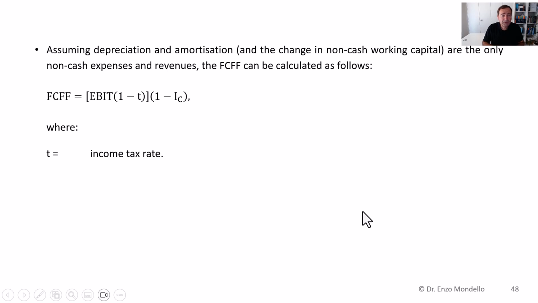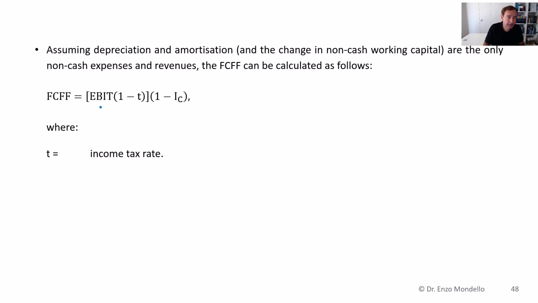Then if you assume that depreciation and amortization, as well as the change in non-cash working capital, are the only non-cash expenses and non-cash revenues, we can calculate the free cash flow to firm with the following equation.